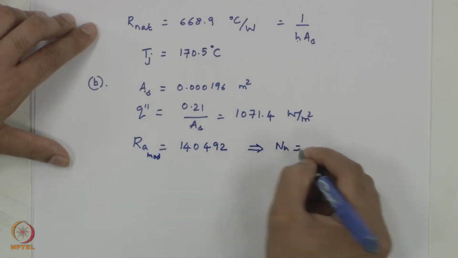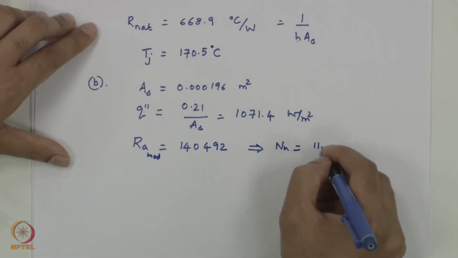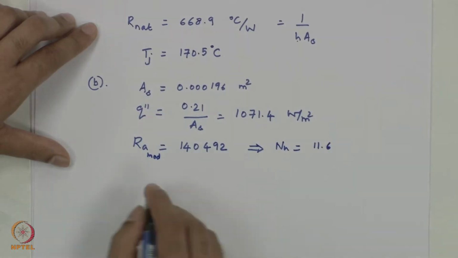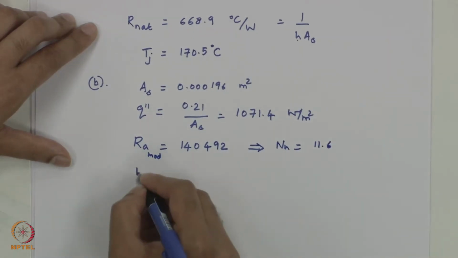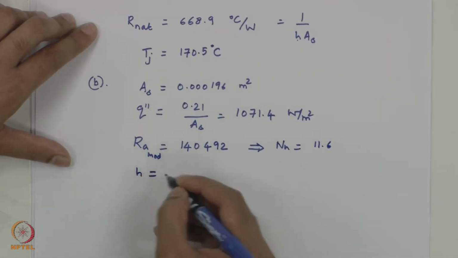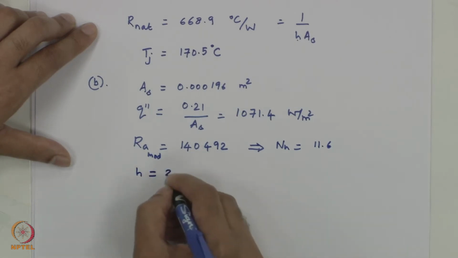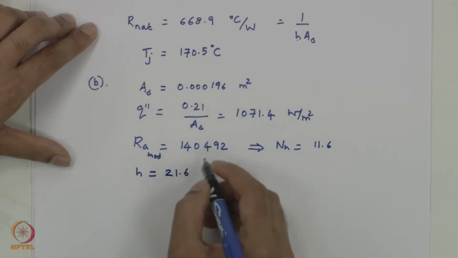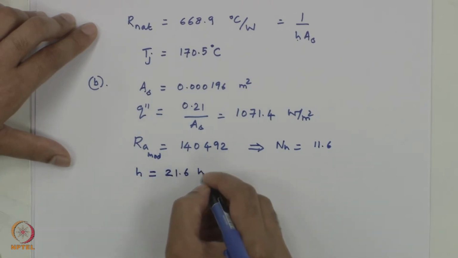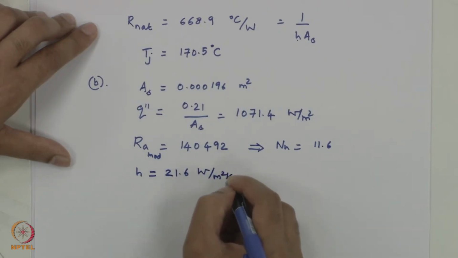The Nusselt number corresponding to this is 11.6. From this, we can calculate the heat transfer coefficient, that is 21.6 watt per meter square Kelvin.